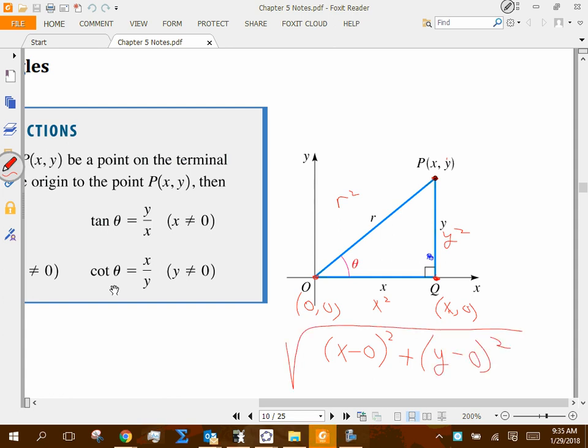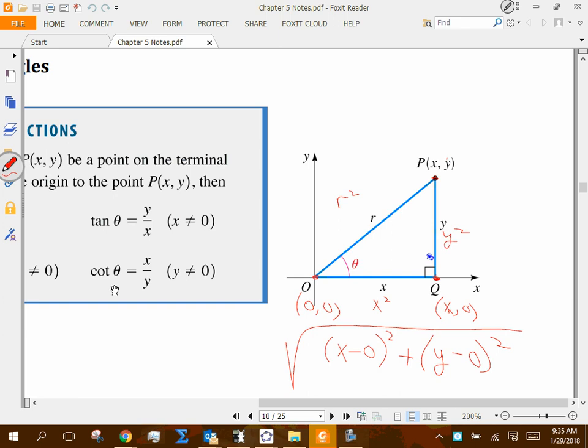Well, what's x minus 0? I just get x squared. What's y minus 0? I just get y squared. So it gives me r squared is equal to x squared plus y squared.